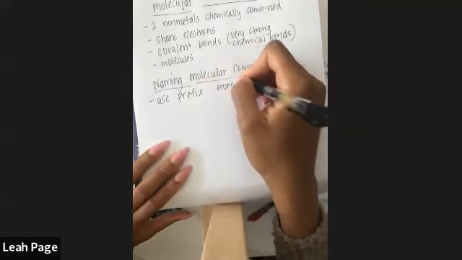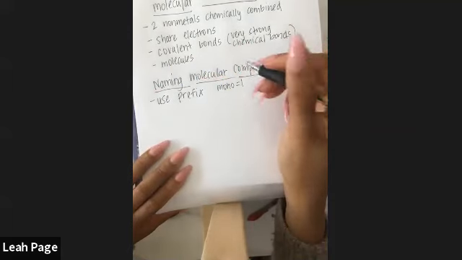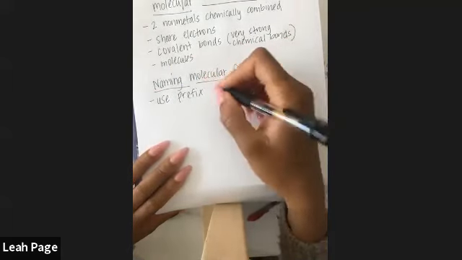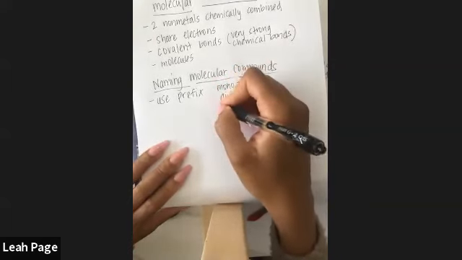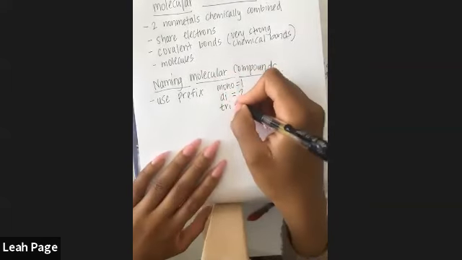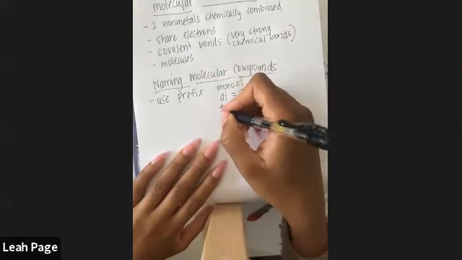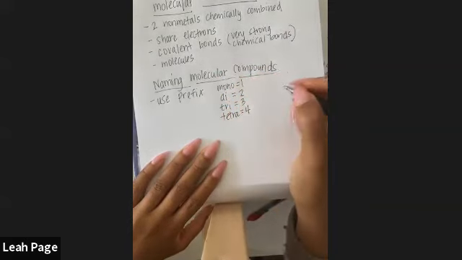mono, stands for one. You're basically saying how many of each element you have or how many of each atom you have. Di stands for two. Tri stands for three. Tetra is four.